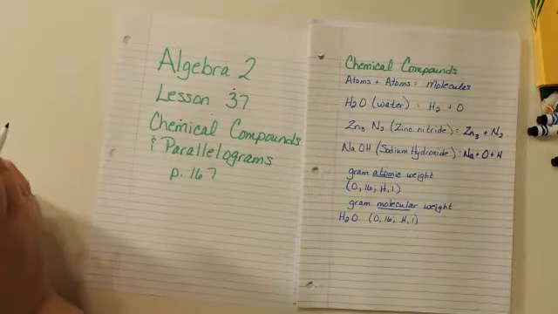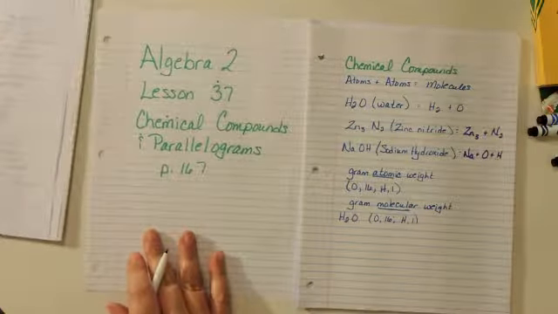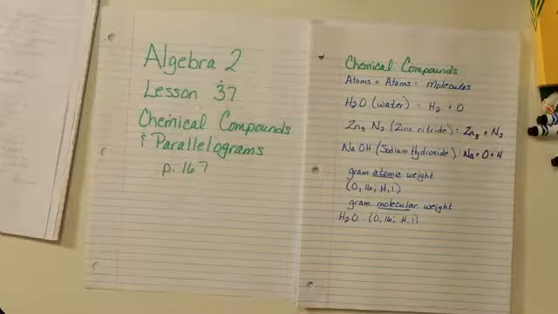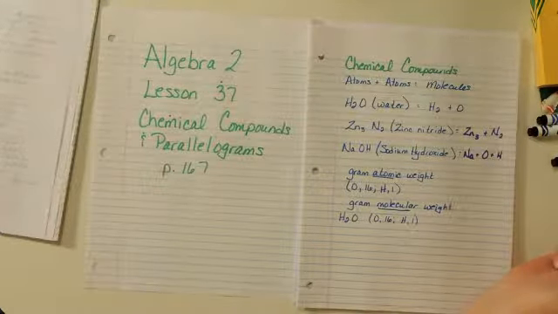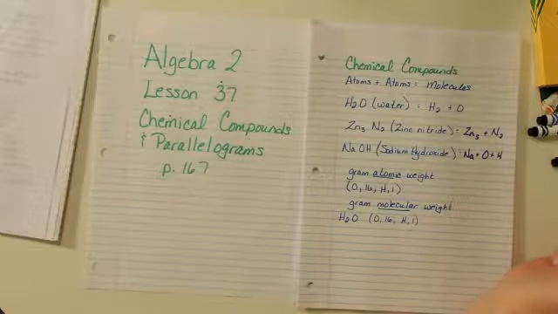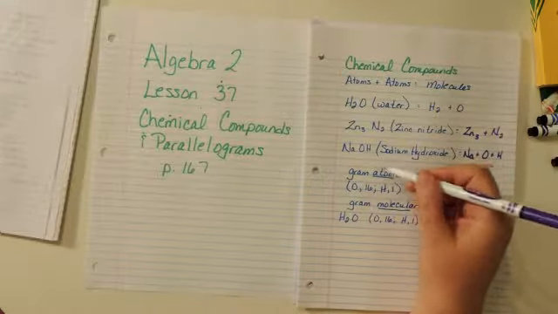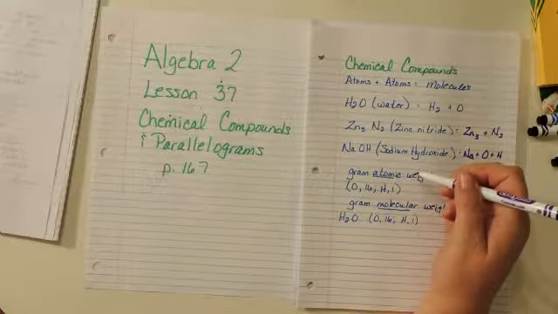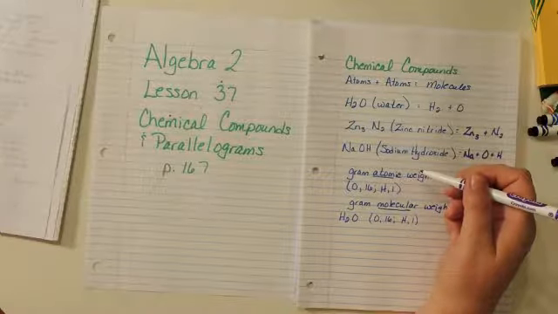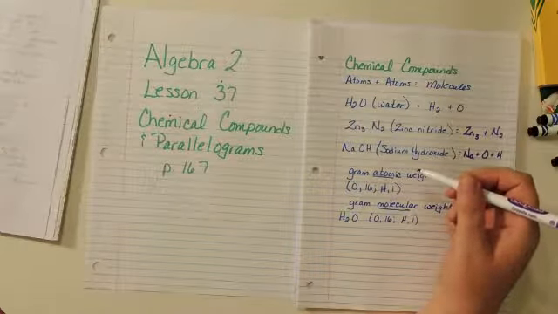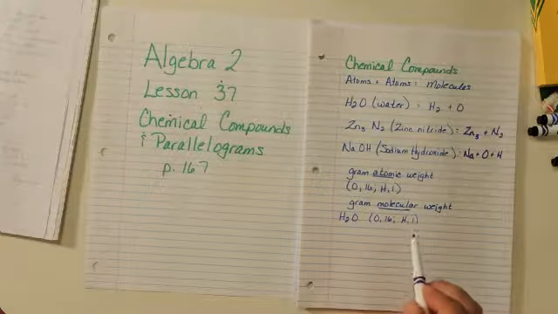Each element has a different weight. We express the weights of atoms in grams. These are very, very small grams. So the weight of an atom is its gram atomic weight. The gram atomic weight of oxygen is 16 grams.